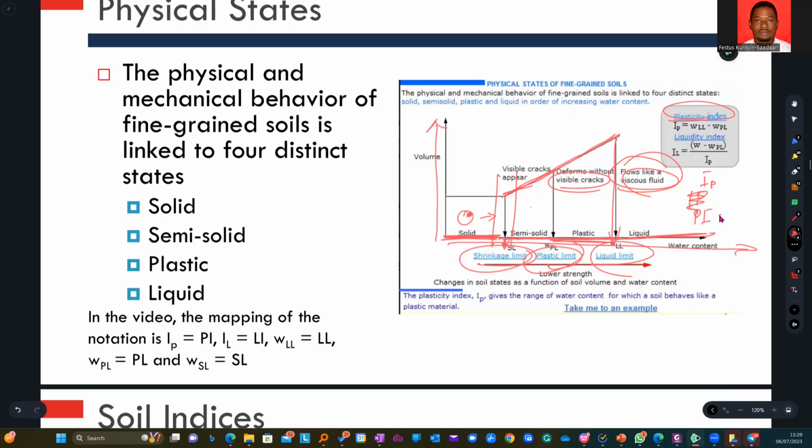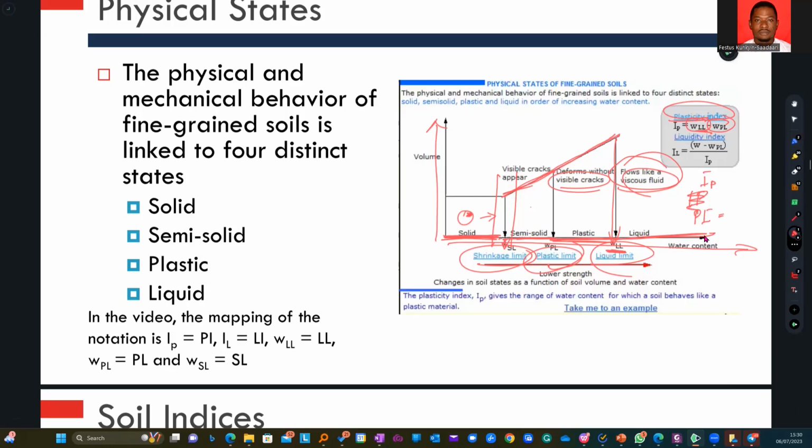The plasticity index is equal to the liquid limit, the value of water you are just about to add that will convert your sample to the liquid state, so you have that percentage of water, and you take away your plastic limit. The difference of that is what we term as the plasticity index of your soil sample.